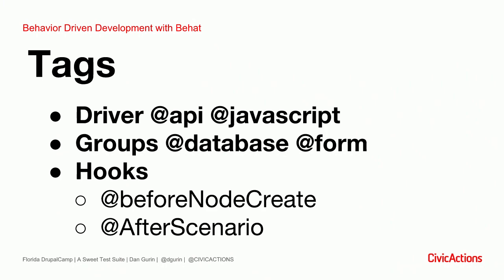You can use the tags for groups, so if you just want to test your database or forms or whatever set of functionality, you can do that separately. And you can also get hooks, so you can have the after scenario, for instance, which would run after every scenario. The @BeforeNodeCreate would always run before a node is created.